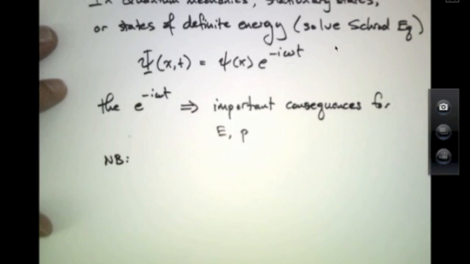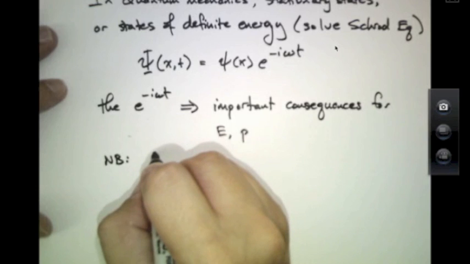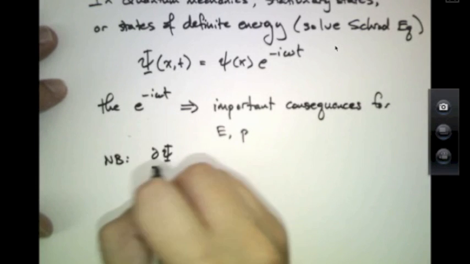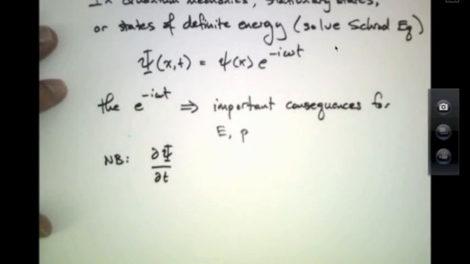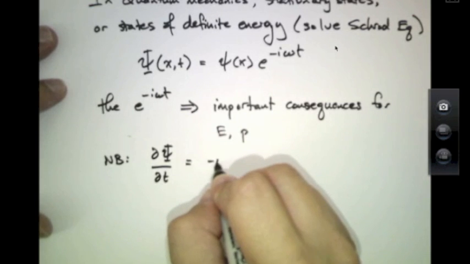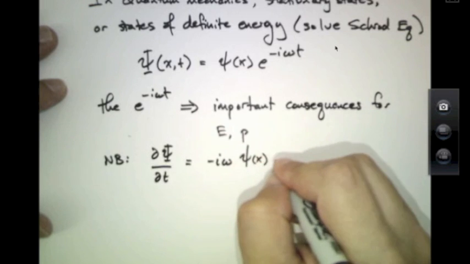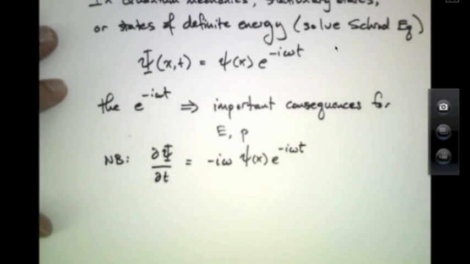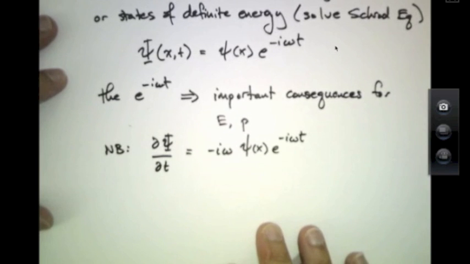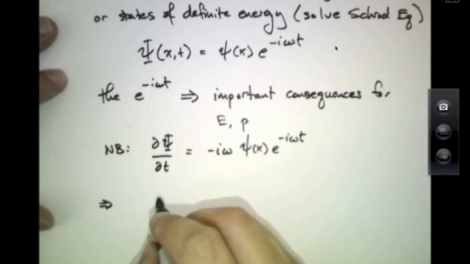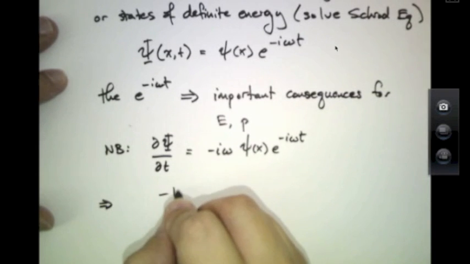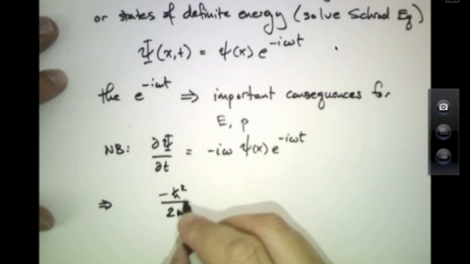If that's the form of the wave function, then notice this: the time derivative that appears in the Schrödinger equation has a rather simple form. I just get back my minus i omega times my original wave function. As a result, the Schrödinger equation has a somewhat simplified form.